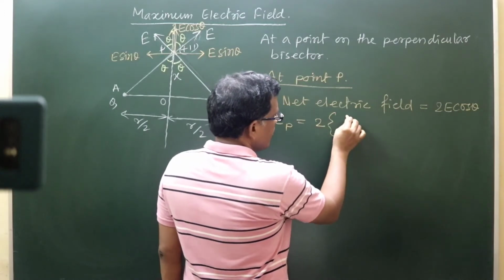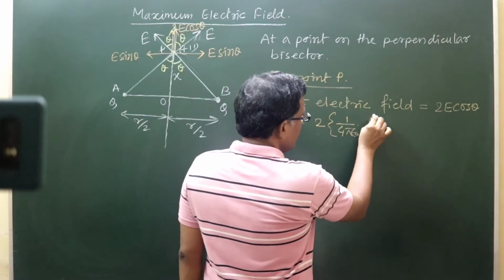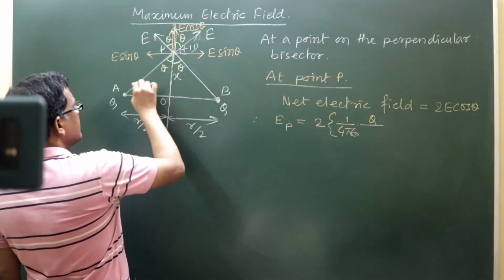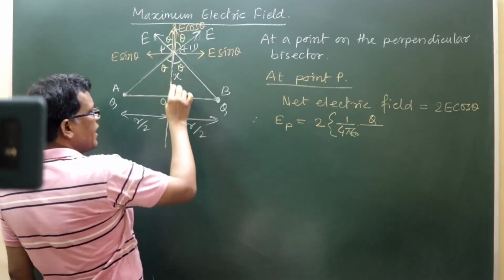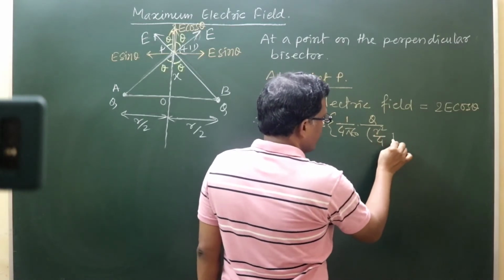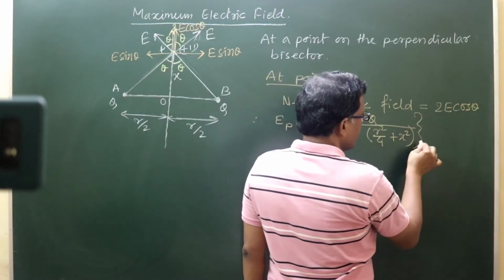The expression of E can be written as 1 by 4 pi epsilon 0, q by the square of this distance. So this is r by 2, this is x. So the square of the distance means r square by 4 plus x square, into cos theta.